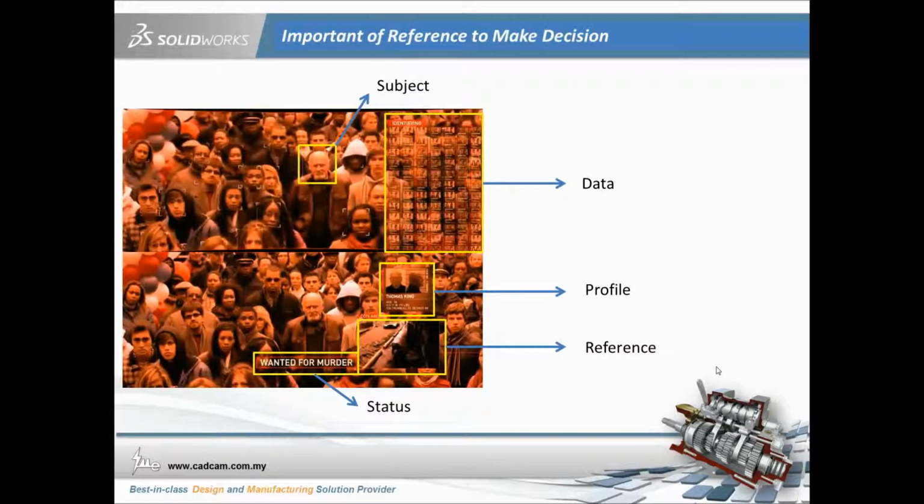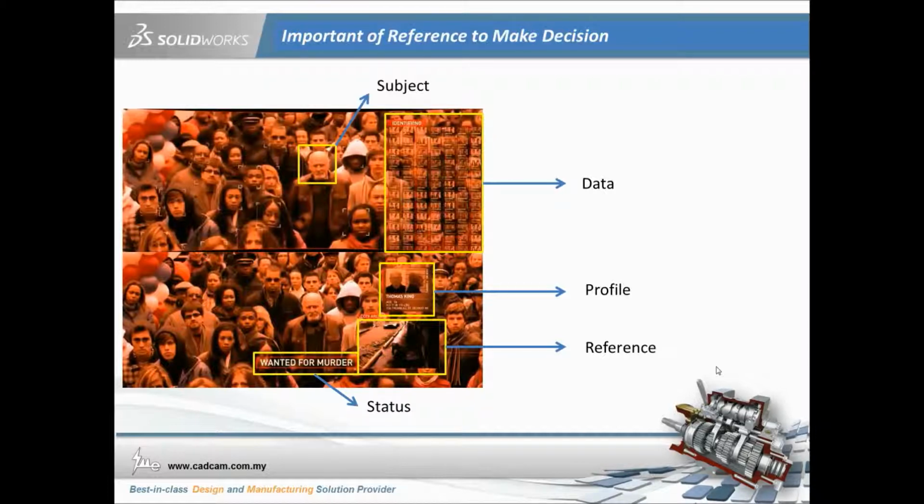If you remember one part of the video just now, Robocop was able to identify the subject throughout the database, to find the person with the correct profile, and is referencing as well. All the criminal records, videos, and related information are shown to Robocop in order to make a correct decision. So what is actually related to EPDM as well?